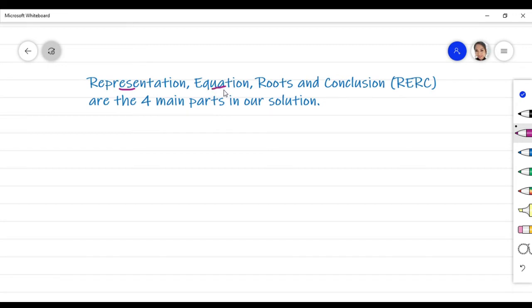We have to write it in the standard form. And then after we have written it, we have to find the roots for that quadratic equation and then make a conclusion out of the roots. What is the significance of these roots in relation to the problem? So that would be the four main parts of our solution.